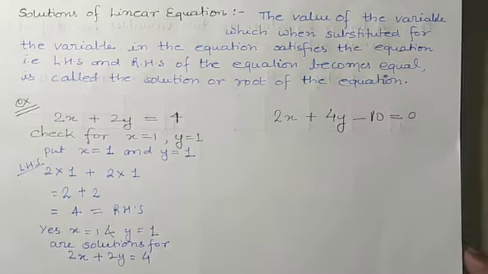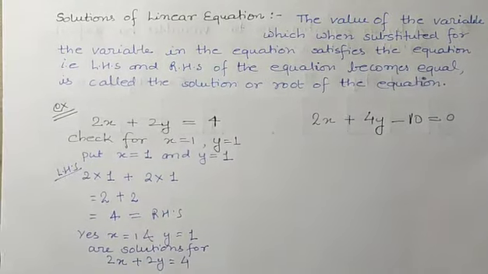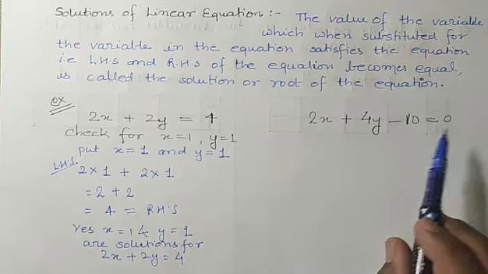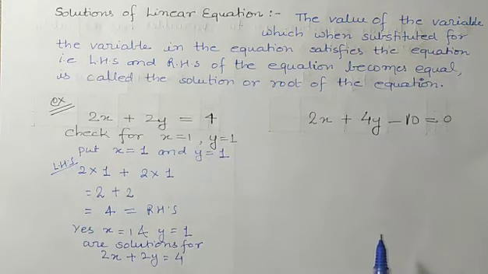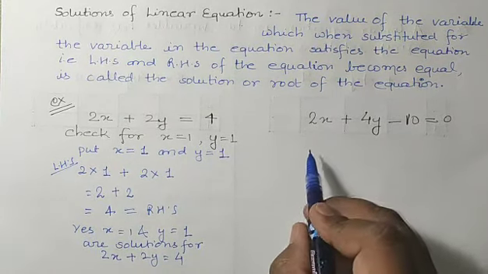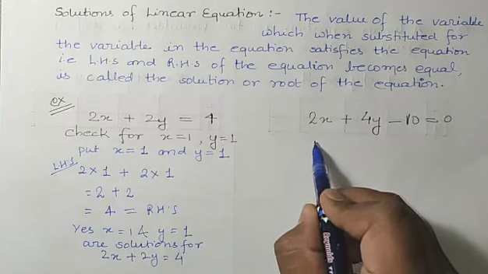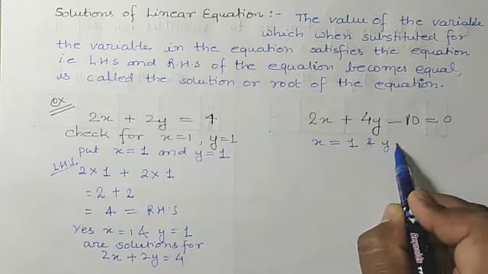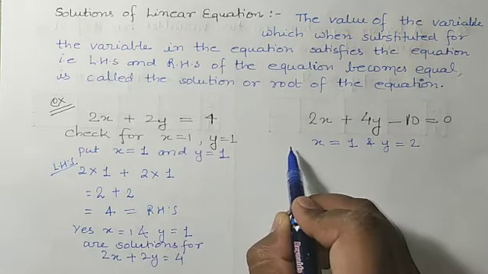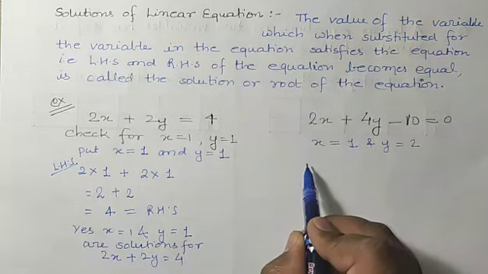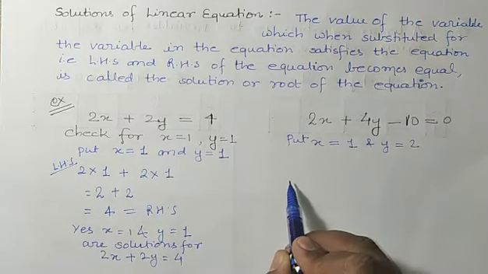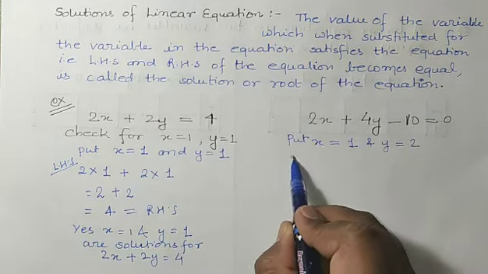Okay students, now one more example is there. 2x plus 4y minus 10 is equal to 0. And let us check it for x is equal to 1 and y is equal to 2. Just put x is equal to 1 and y is equal to 2.